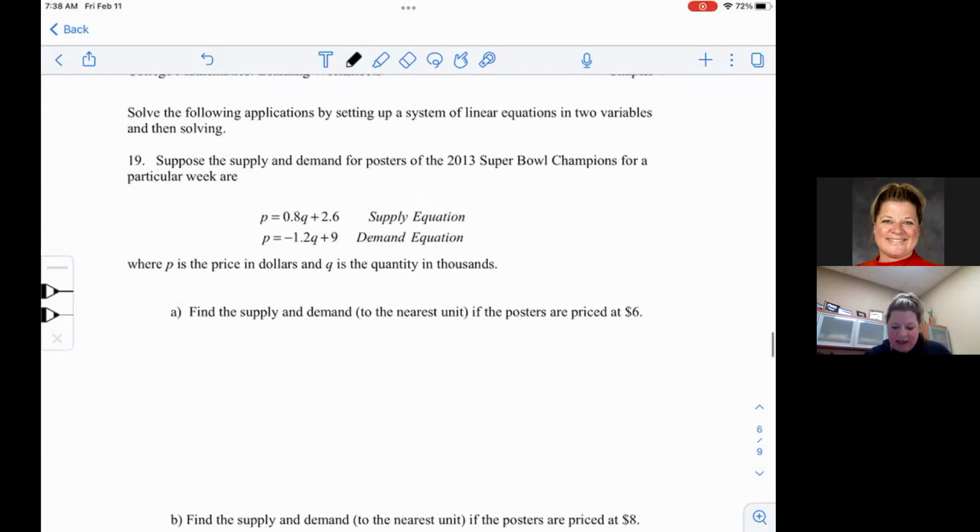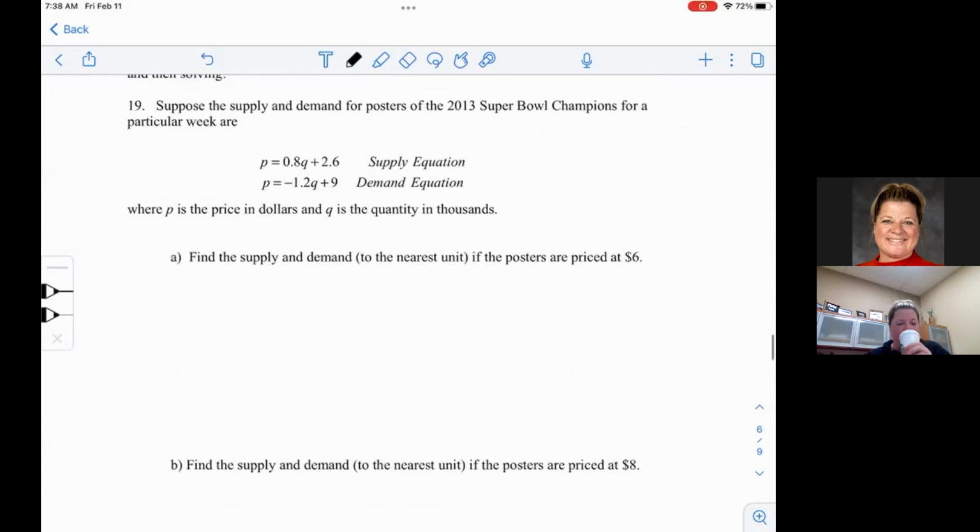Okay, so let's look at some word problems. Suppose the supply and demand for posters of the 2013 Super Bowl champions for a particular week are given as the supply is here, demand is here, where P is the price in dollars and Q is the quantity in thousands.